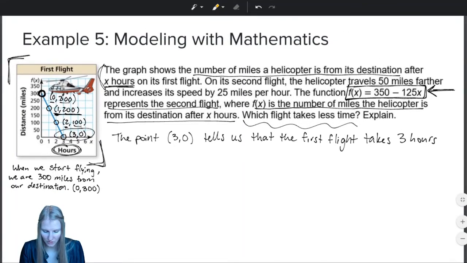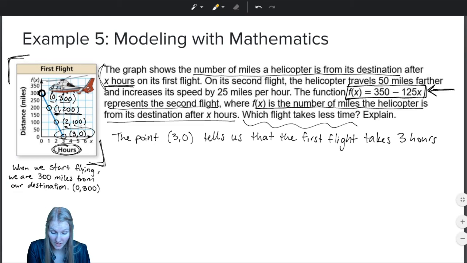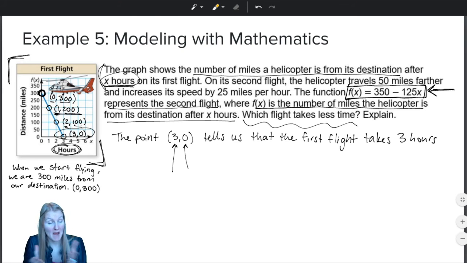Because x is the number of hours, so after 3 hours I have 0 more miles left to go. And if I have 0 more miles left to go, it means I don't have anywhere else to go. I'm there. I have arrived. I am at my destination. So that point tells us the first flight took 3 hours.